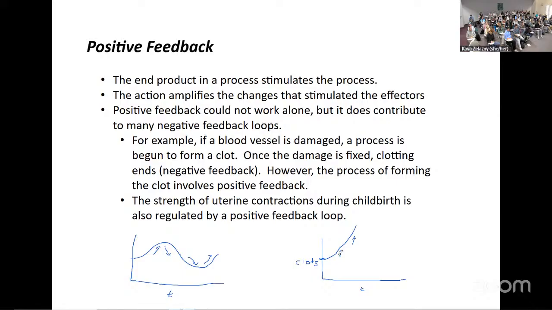So hopefully that hints at why this isn't so useful for homeostasis, right? Homeostasis is about maintaining something constant. When we have positive feedback, we're actually making a change more and more rapidly. So positive feedback is sometimes important in addition to clotting. Another place that we'll see positive feedback is the reproductive system.